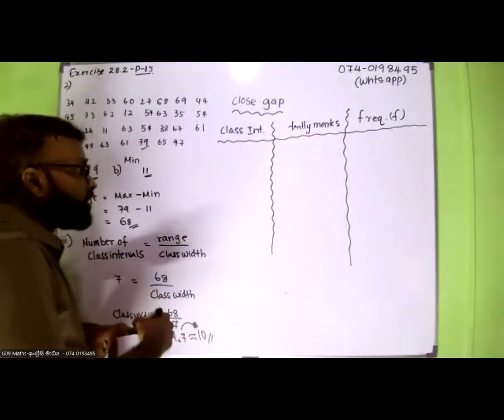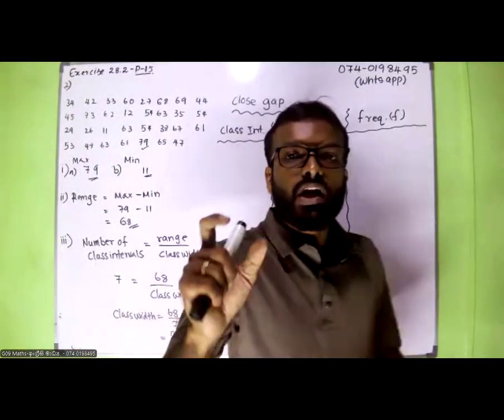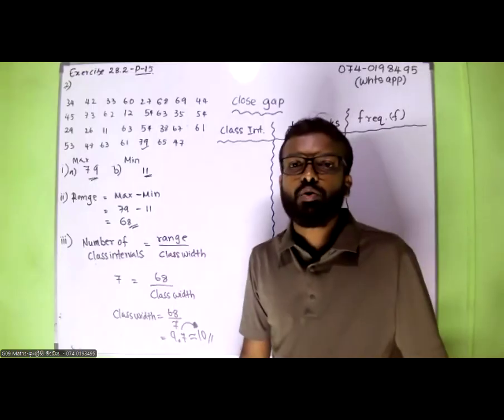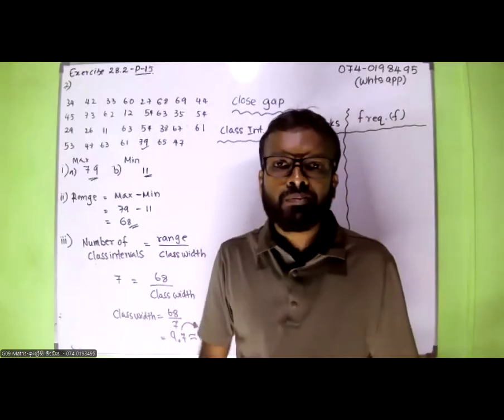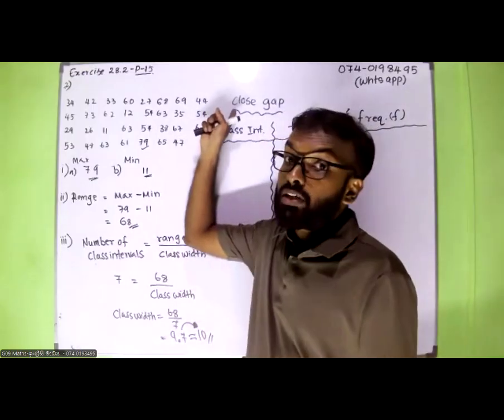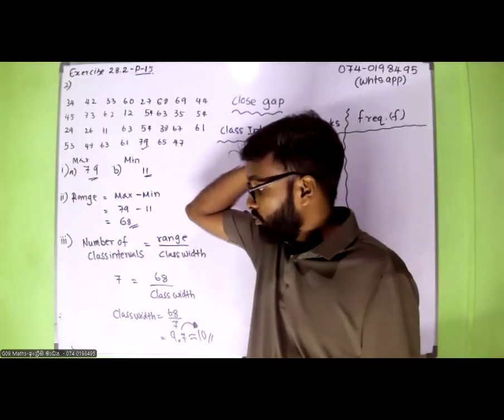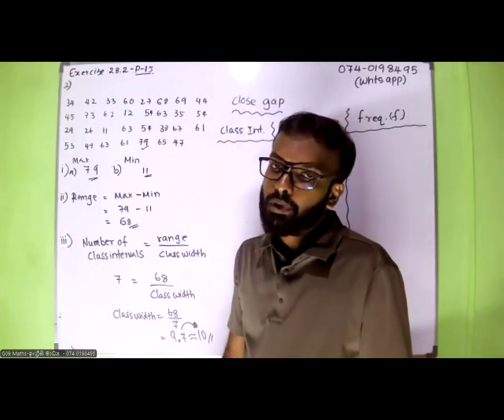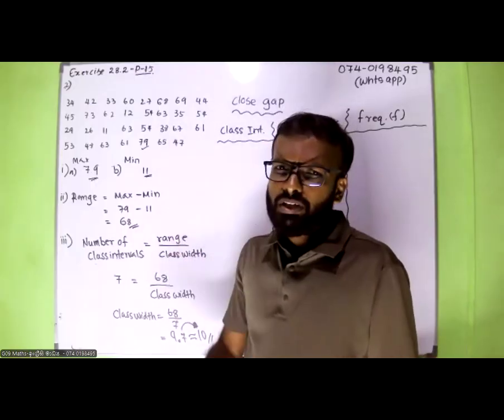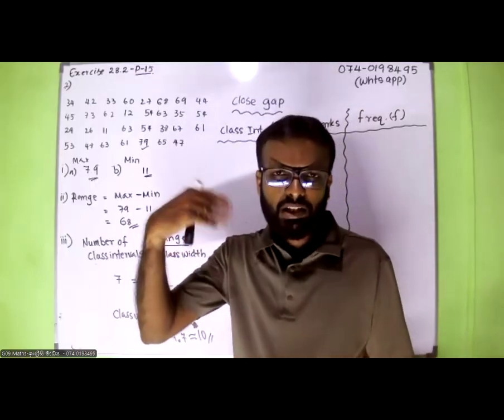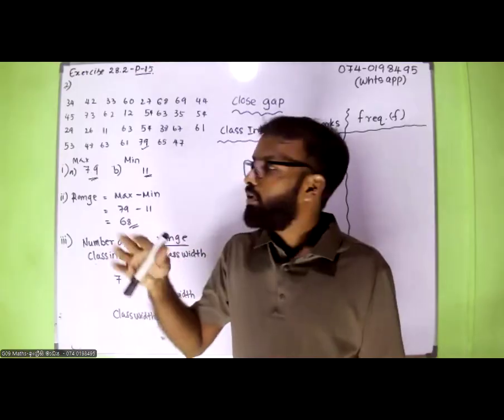Now, if you want to define the starting point of the first class interval, what can you do? Now this is a close gap. What is the minimum value of the data set?